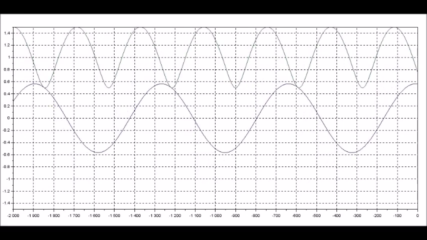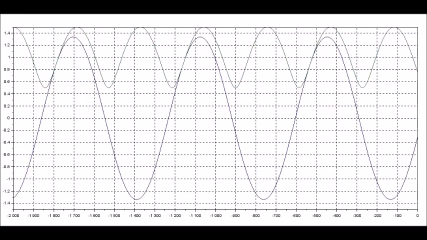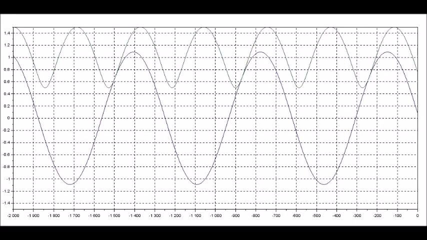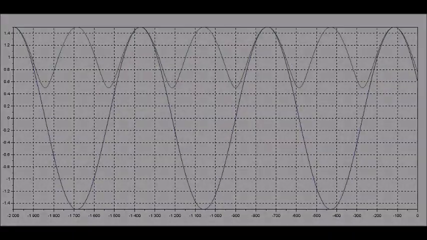Further, you can observe that the reflection coefficient here is 0.5. You can see that by looking at the peak value of the sine wave at the top, which is more than 1.4. It should be around 1.5 if I am not mistaken.